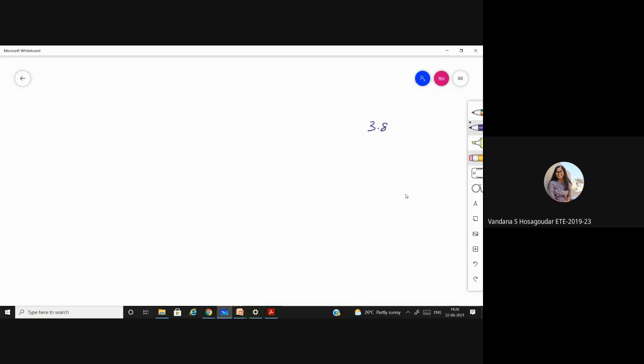RB is 3.88 kilo ohm and RA is 3.9 kilo ohm.